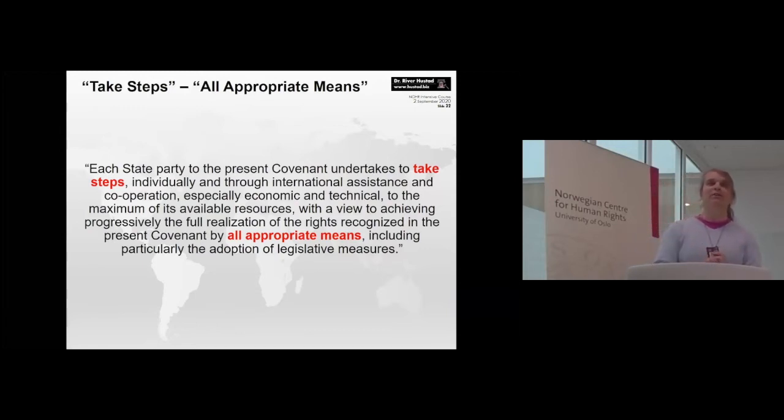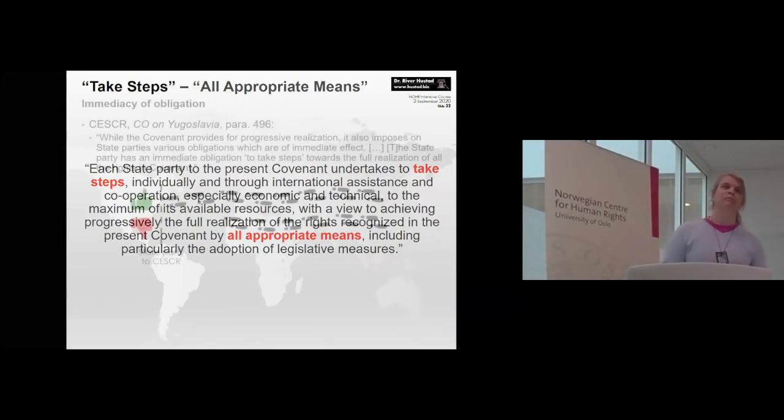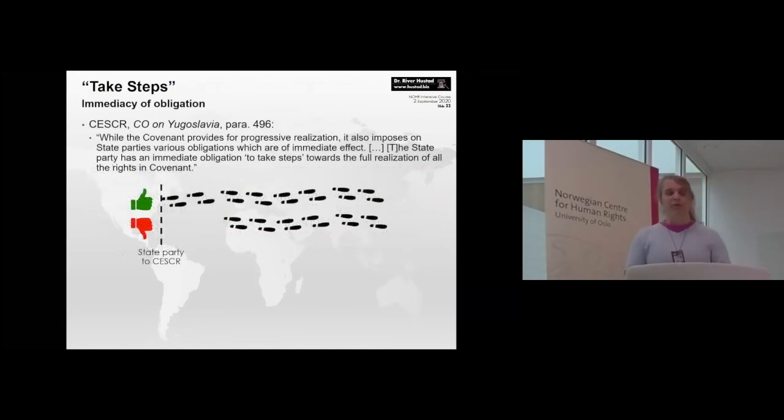Let's move down Article 2 to take steps. And this is probably the most important part of the obligation, I would say. I'm going to combine all appropriate means into take steps. So when we say take steps, what does that mean? A lot of states have said that the obligation to take steps means that we'll get to some obligation at some point.